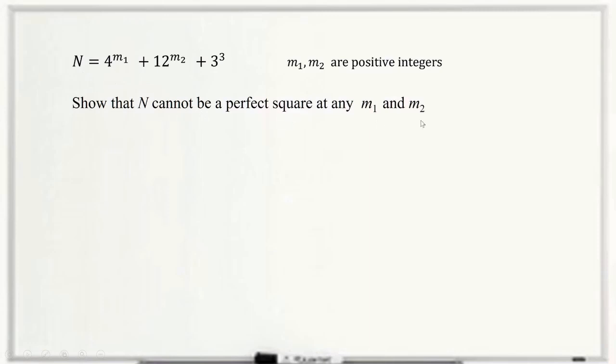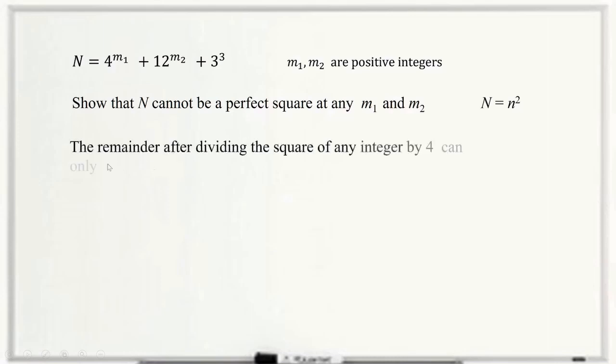First, let us recollect what a perfect square is. The number n is called a perfect square if it can be represented as a square of another integer. The perfect square has a very interesting property, namely, the remainder after dividing the square of any integer by 4 can only be either 0 or 1.